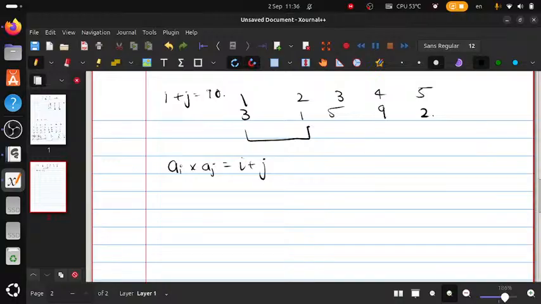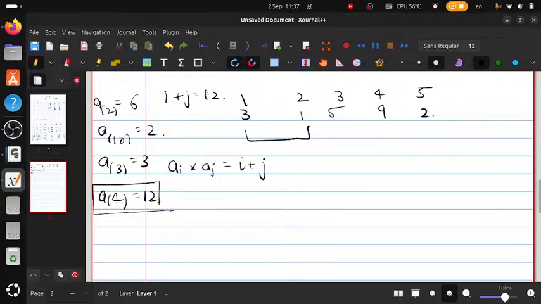So if a of 2 is equal to, let's say, 5, then we have a of 10 equal to 2, right? Or similarly, a of 3 is equal to 3, and a of 4 is equal to 12, right? So this is very much possible.